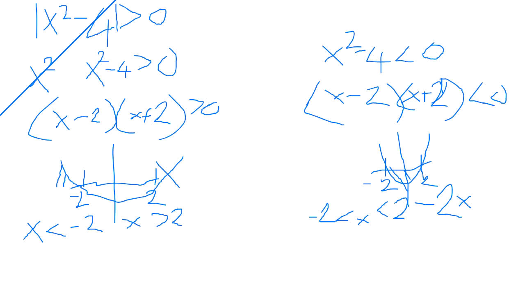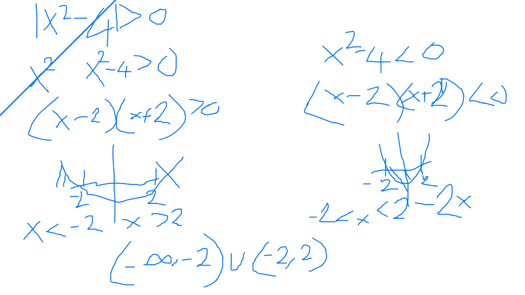Yes. So we must combine this answer. This one will be from negative infinity to minus 2, union, the second one from minus 2 to 2, then union, this one will go from 2 to positive infinity.